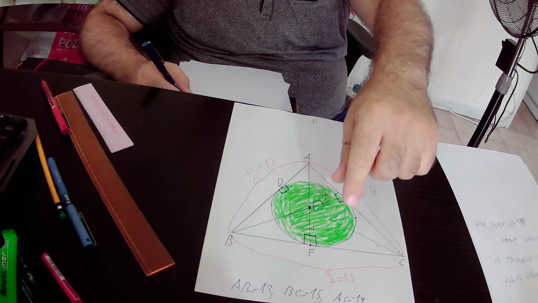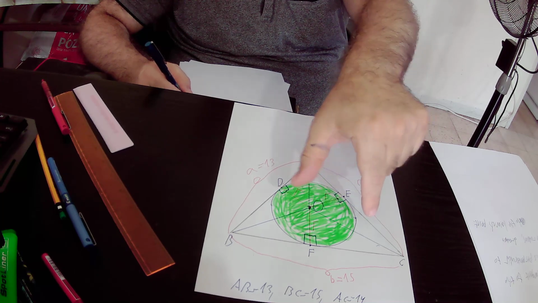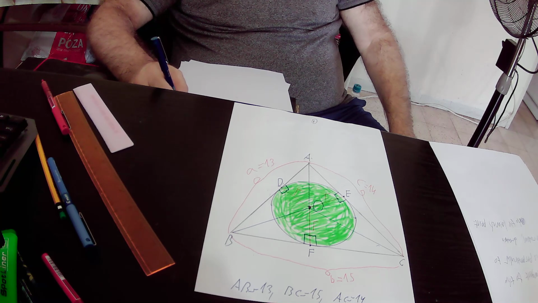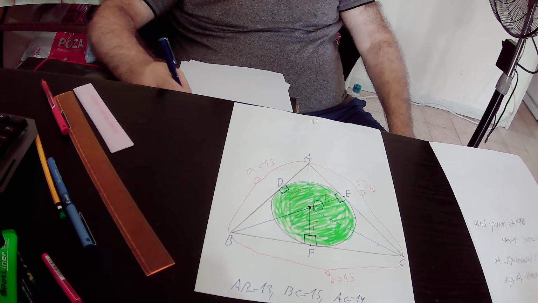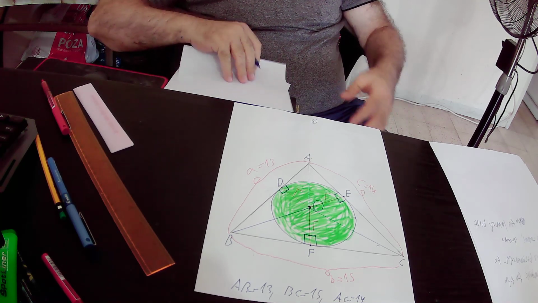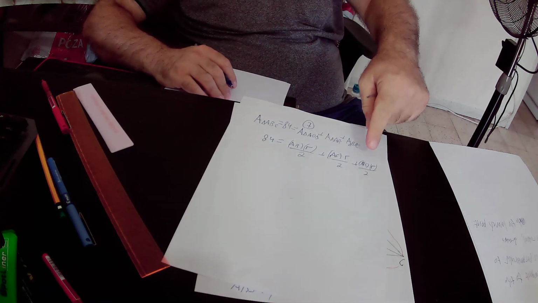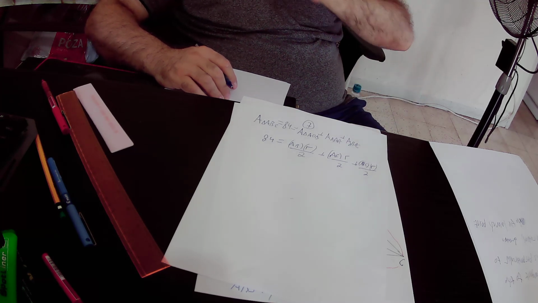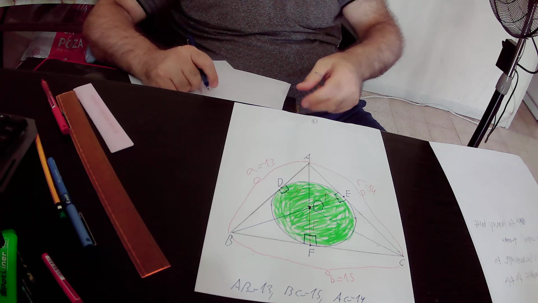So the height is the radius, because the radius creates 90 degrees with the base BC. So the area of triangle BOC equals the base BC times the height to the base, that is the radius, over 2. Okay?